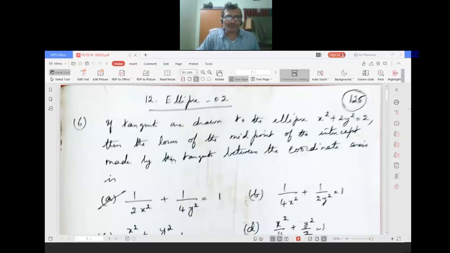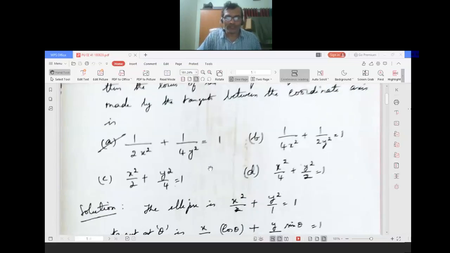Now, if tangents are drawn to the ellipse x squared plus 2y squared equals 2, then the locus of the midpoint of the intercept made by the tangents between the coordinate axes is: one, 1 by 2x squared plus 1 by 4y squared equals 1. Second, 1 by 4x squared plus 1 by 2y squared equals 1.